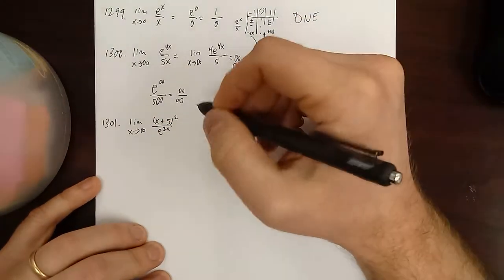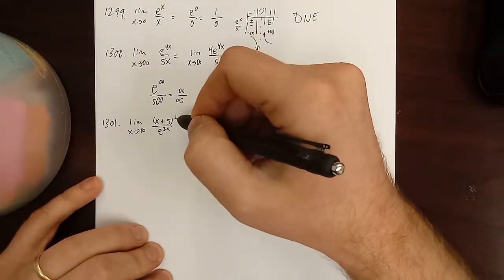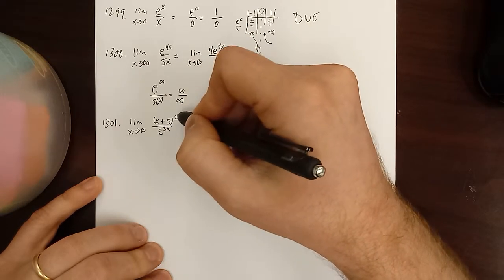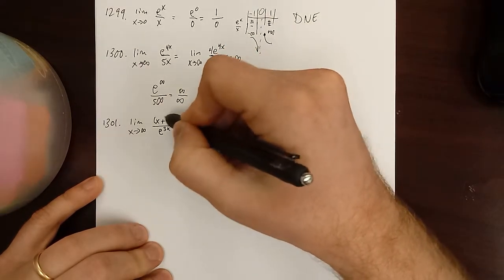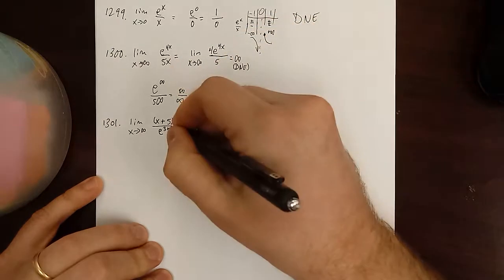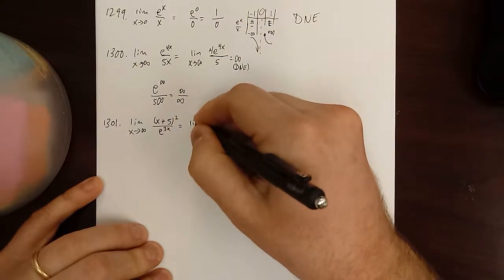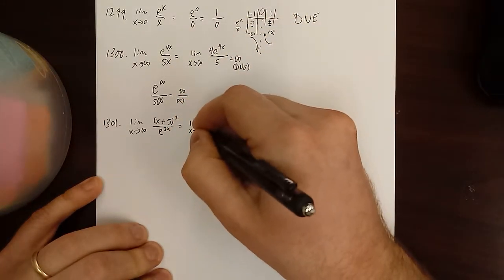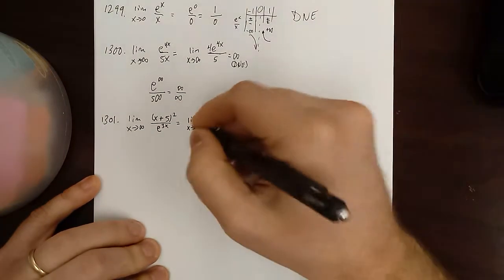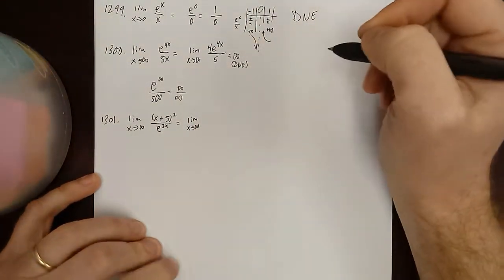All right, let's do the old plugaroo. I can look at this and see it's going to be infinity squared over e to the infinity. Okay, so it's infinity over infinity again. So we can use L'Hopital's rule. And if anybody remembers from class, I have a tendency to forget to write the limit every time.